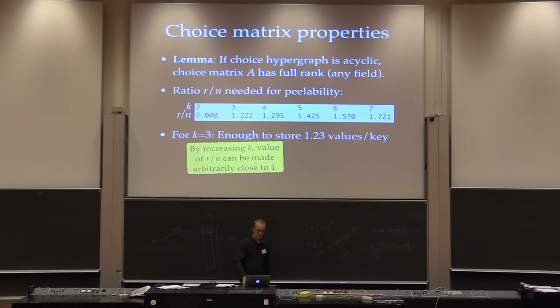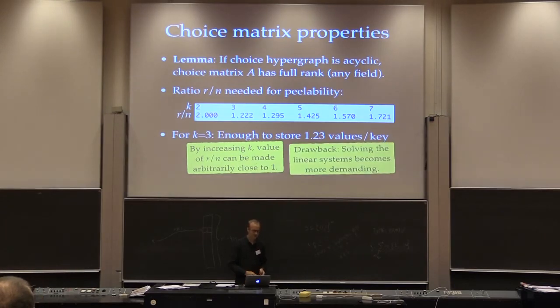Alright, so we can make this ratio of the size of the data structure to the number of keys arbitrarily close to 1. So this basically means that we can have a solution to the retrieval problem which uses arbitrarily close to the space you would need for only the values.